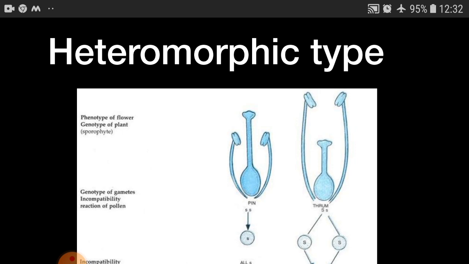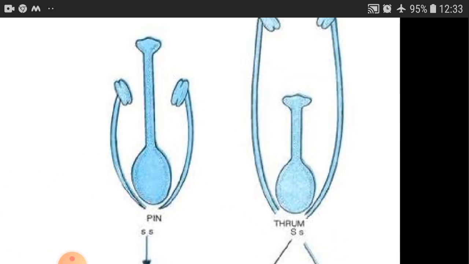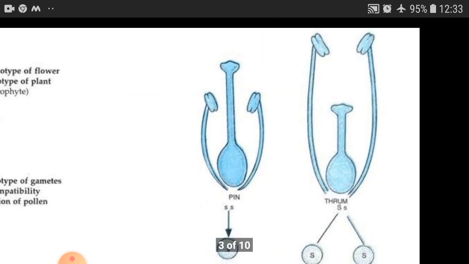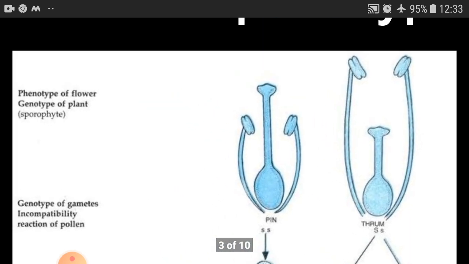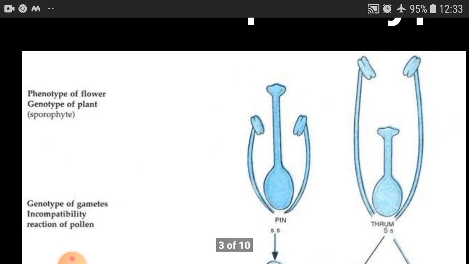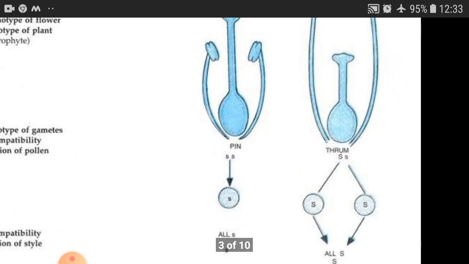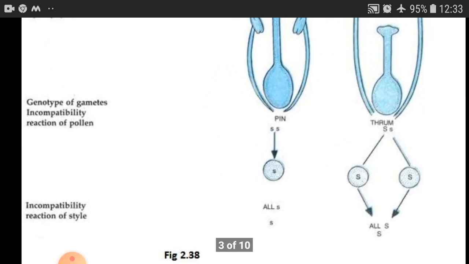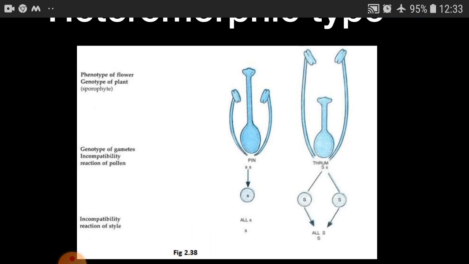You can see here, I'll just enlarge it, the pin type or the thrum type of these two different species. Here you can see the phenotypes of the plant, right? So this is known as the heteromorphic type of self incompatibility.